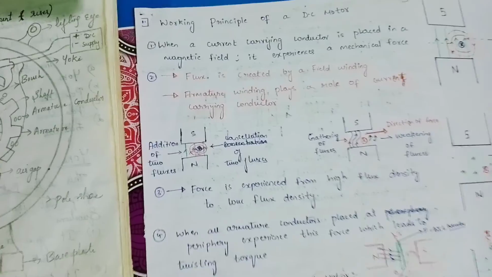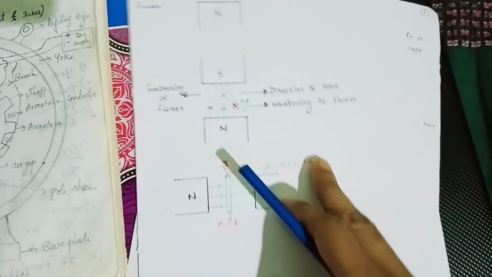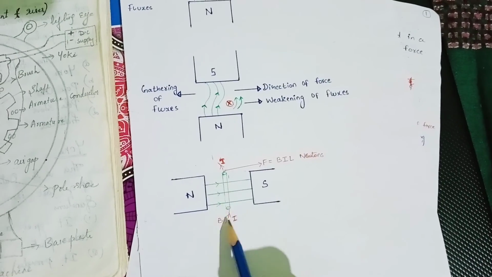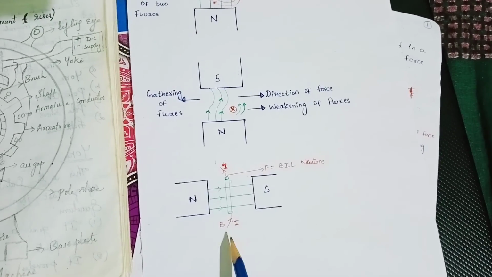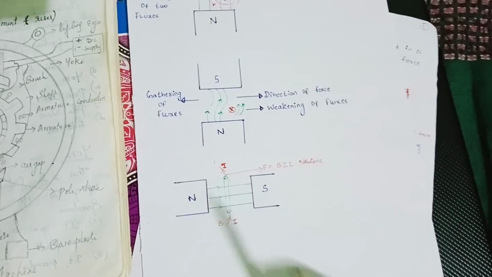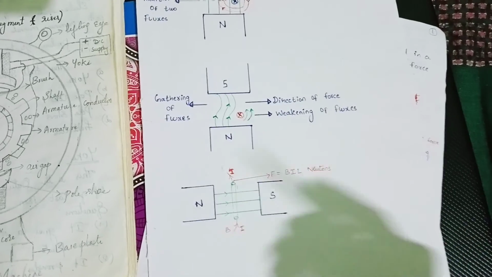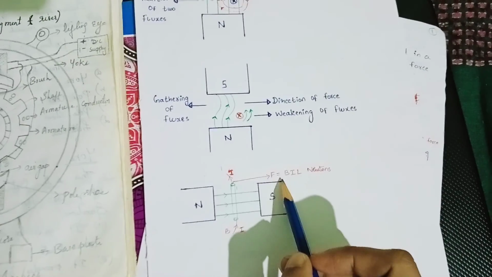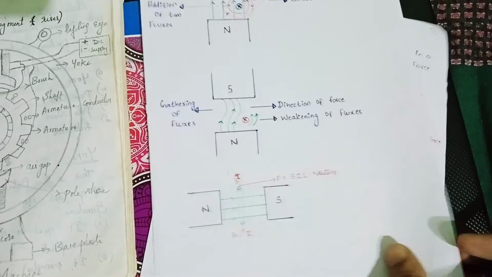For example, we have a conductor. This is the conductor carrying a current I, placed in a magnetic field, and the mechanical force applied is given by F equals BIL newtons.